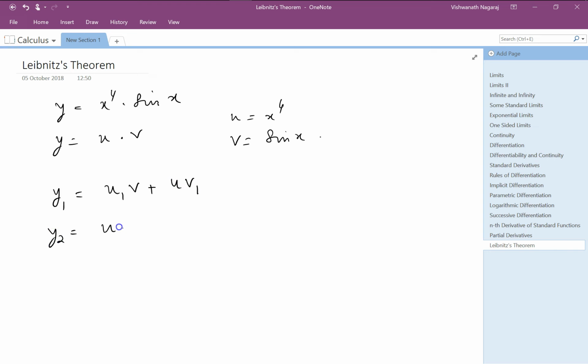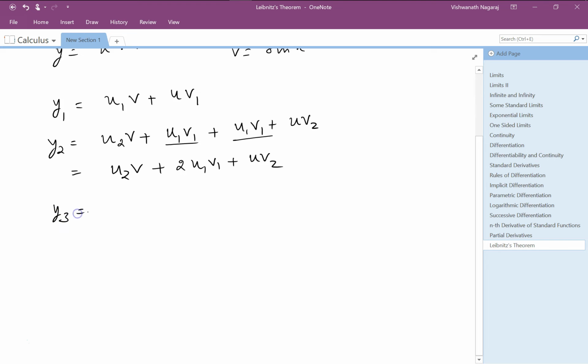Second derivative, u2v plus u1 v1 plus u1 v1 plus u v2. Now these two are like terms, so u2v plus 2u1 v1 plus u v2.